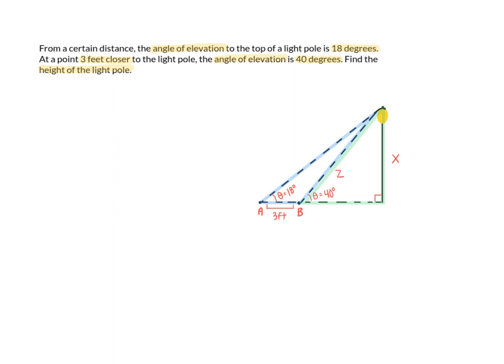Looking at the obtuse triangle, we know we want to use the law of sine, and we can only use it if we have a pair of angle and side that we can use to set up a ratio. For side z, I have this matching angle. The side length that we have is right down here, which means I want to find this angle right here in order to set up the ratios.